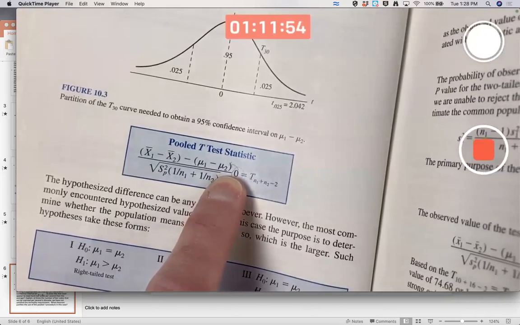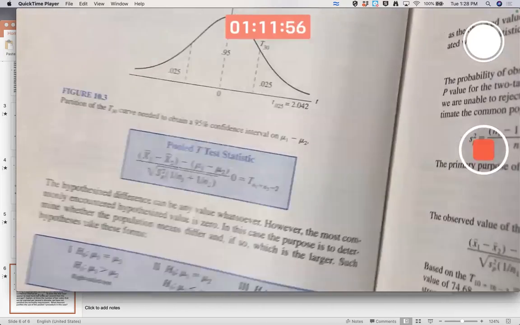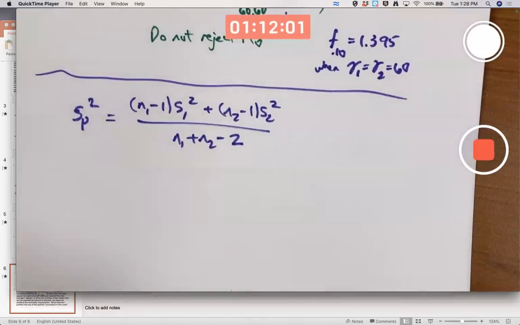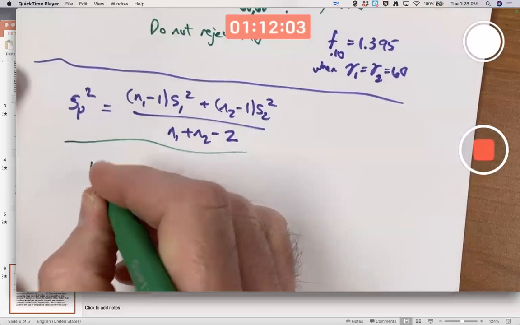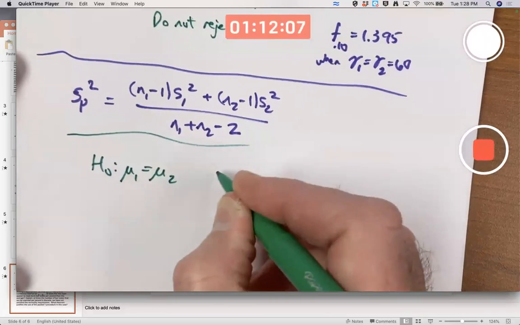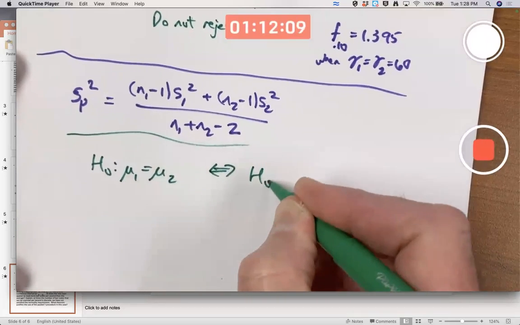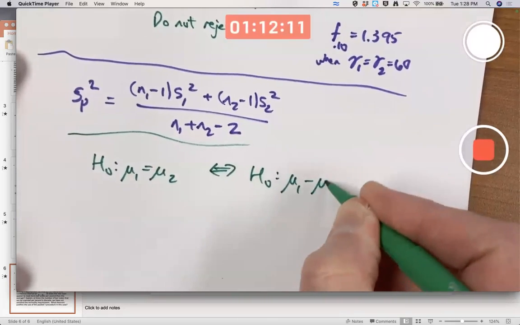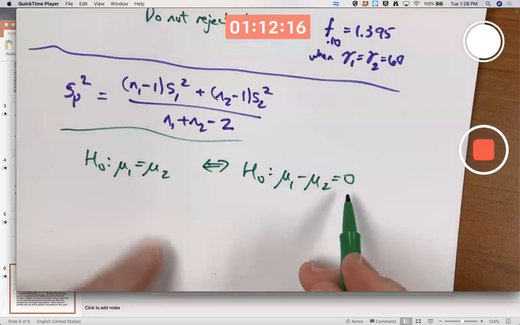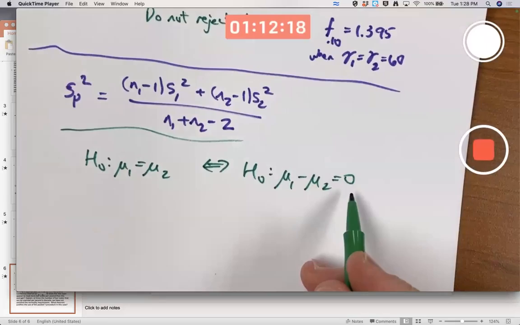which is usually 0. If you're testing the null hypothesis that mu1 equals mu2, an equivalent null hypothesis, you go back to thinking about differences, is that mu1 minus mu2 is 0. But we could test that this is something other than 0, like 2 or something.